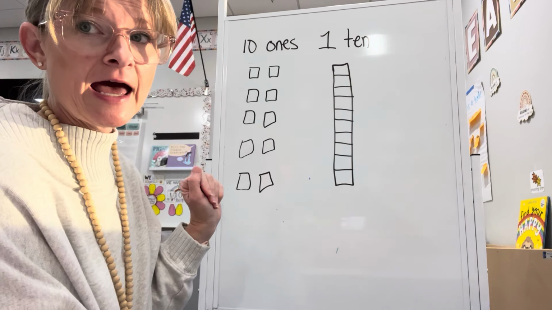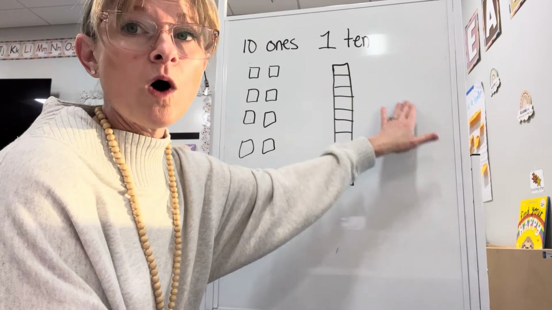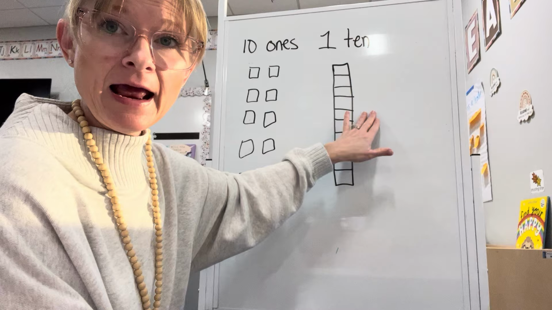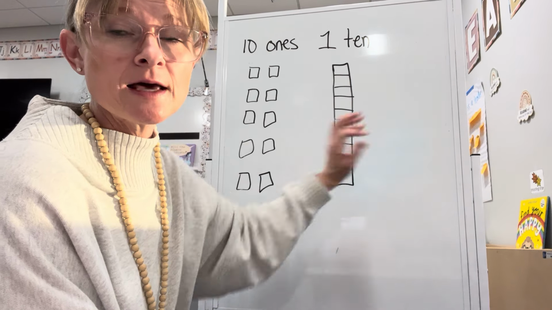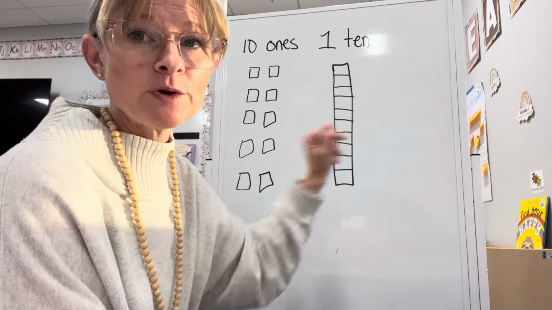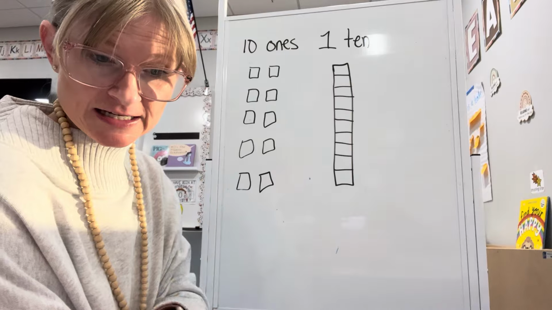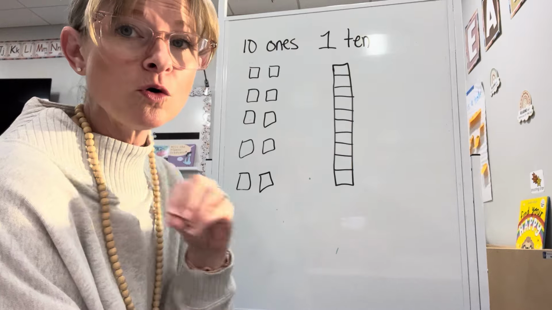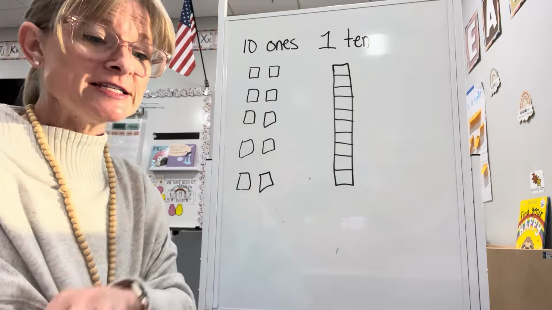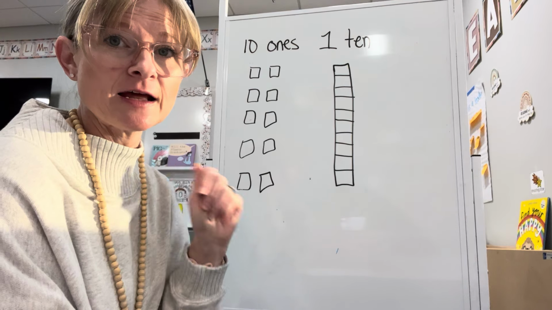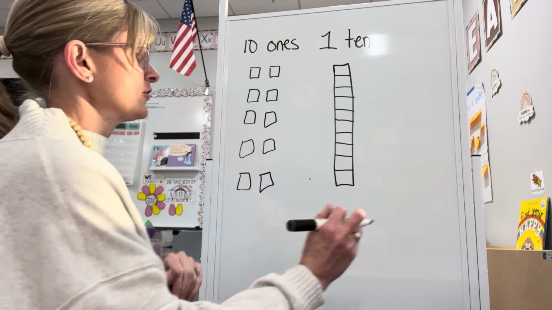So 1 10 and 1 1 makes 11. 1 10 and 2 ones makes 12. 1 10 and 3 ones makes 13. I know that's what you're practicing today in class, either as whole group or at your teacher center. Today we are going to practice counting and representing the numbers 11, 12, and 13.